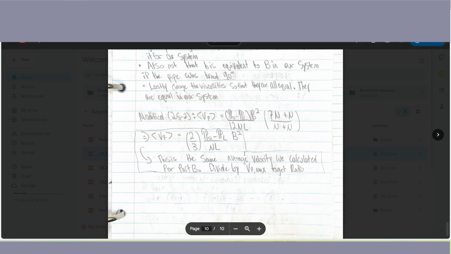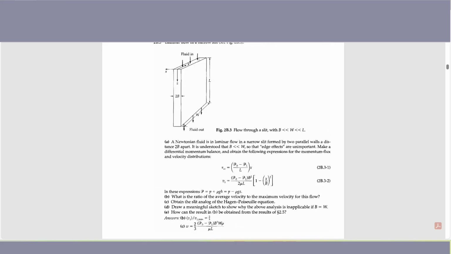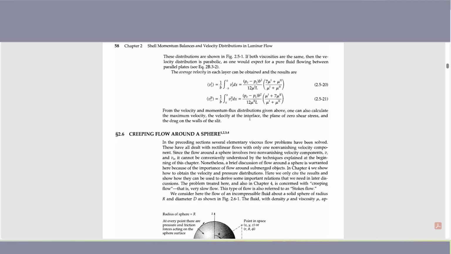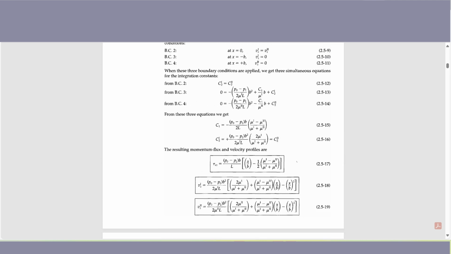This term will cancel, and it'll just be 1, because it'll be 2 viscosity over 2 viscosity. This other term will cancel out because it'll be viscosity minus viscosity.